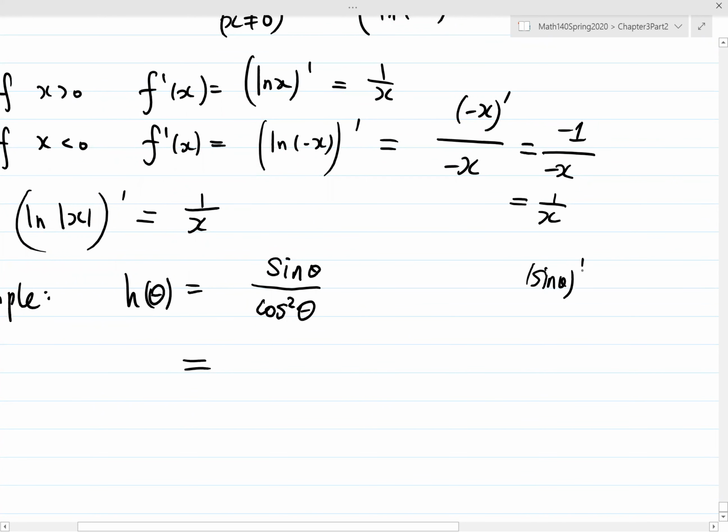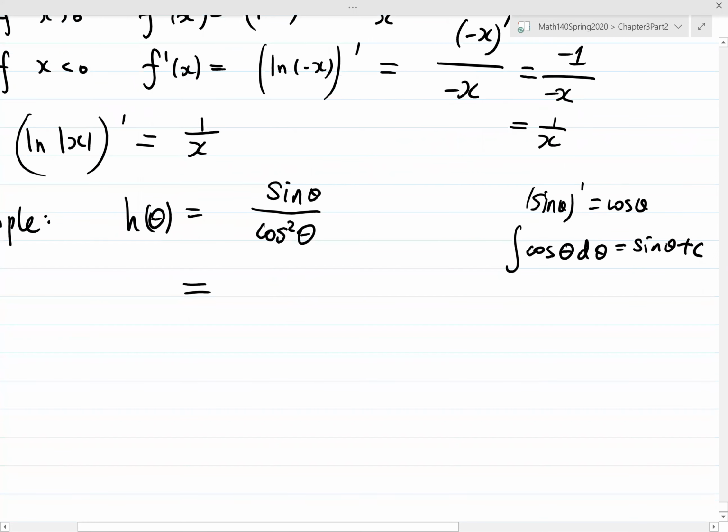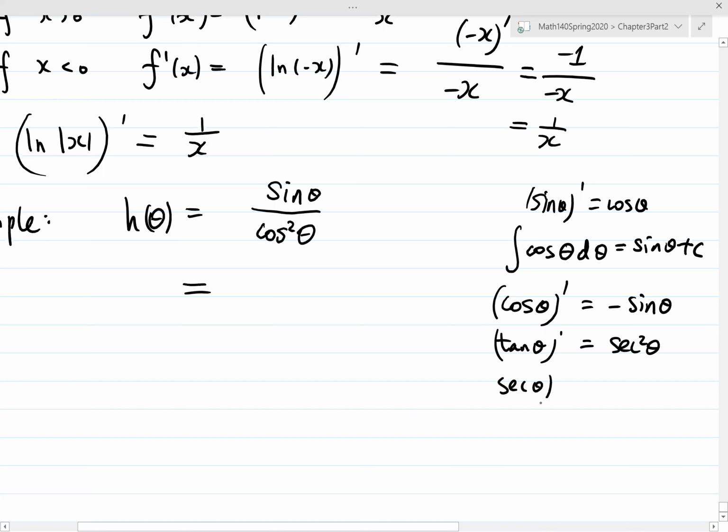So for this one, if you check the antiderivative of trig functions, you see the derivative of sine is cosine theta. Then the antiderivative of cosine theta is sine theta plus c. Remember, we also have cosine: just write down the cosine derivative, we get negative sine. Here we have a square, so we should consider the secant derivative.